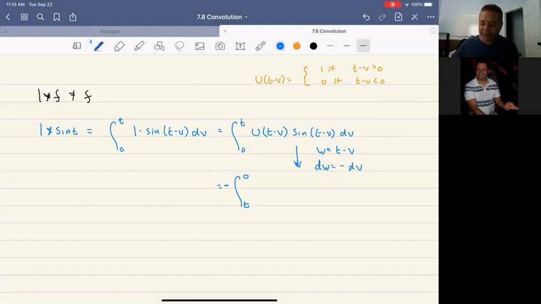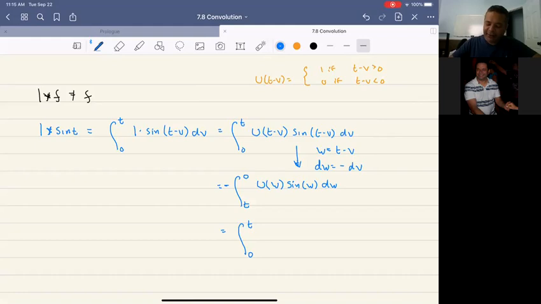Now we're going to have u of w sine of w dw. Now let's flip that integral around and write this from 0 to t. I can drop the u now.